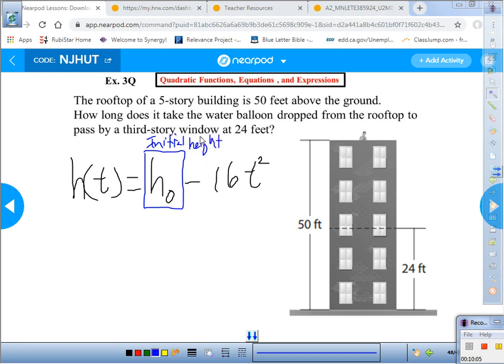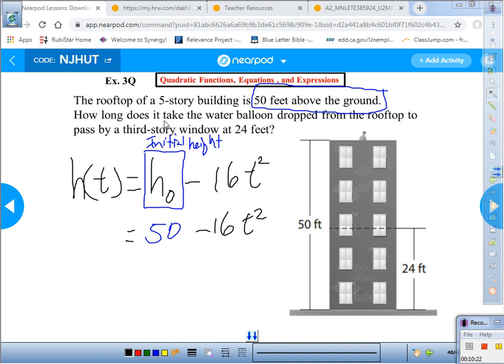So let's read the problem. The rooftop of a 5-story building is 50 feet above ground. What does 50 feet above ground mean? The initial height. So we substitute here 50 minus 16t squared equals. So if this is the initial height, let's continue reading.